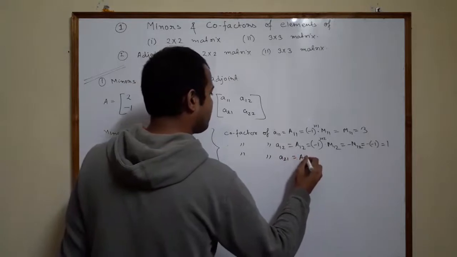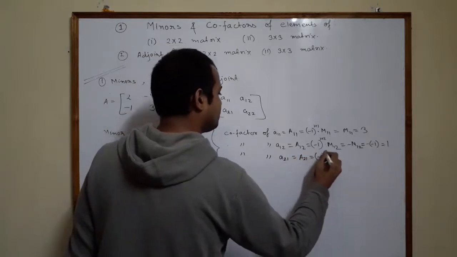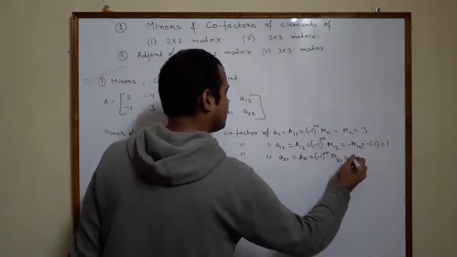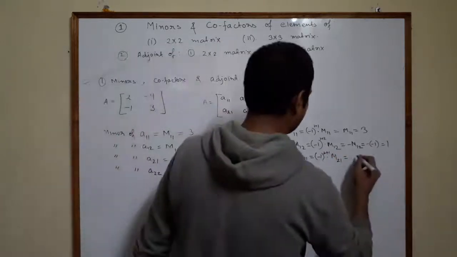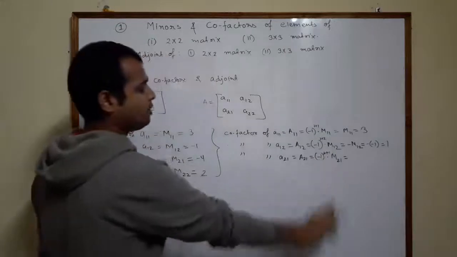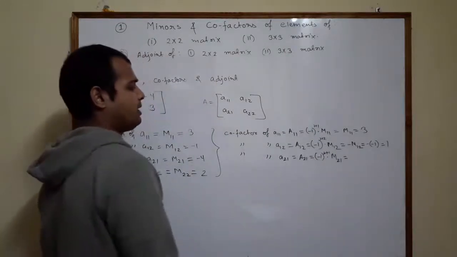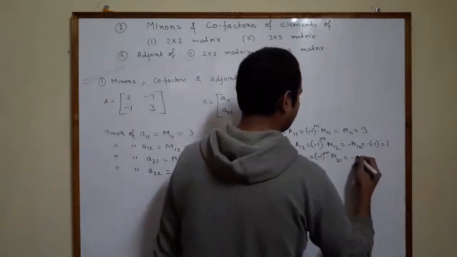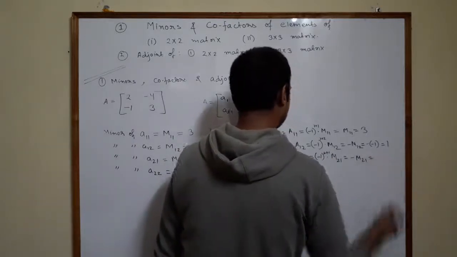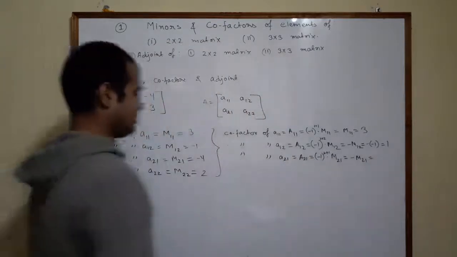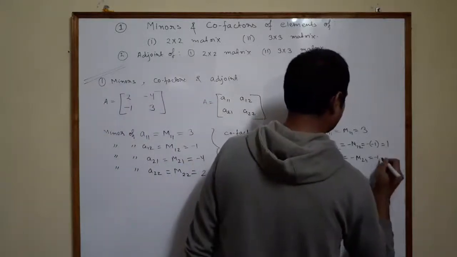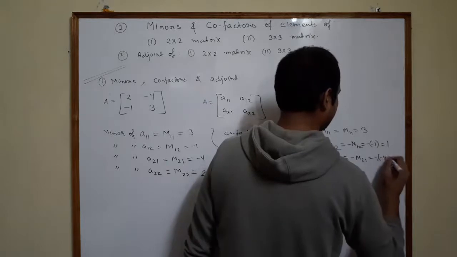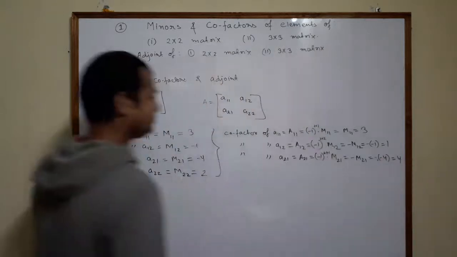Here again, minus 1 to the power 2 plus 1, that means 3, and minus 1 to the power 3 will be minus. We have got minus 4, so minus into minus 4 would be simply 4.